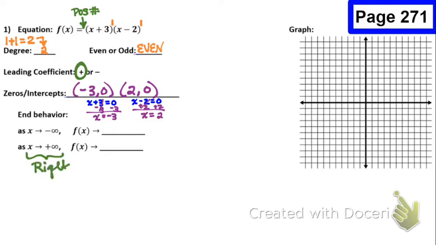They already put that f of x on there for me. Nice. Leading coefficient tells me the right side is doing what? Going up. This comes from my positive leading coefficient. It says even, so both should point the same way, right? That's exactly right. We said it was an even function, so both ends go the same way.